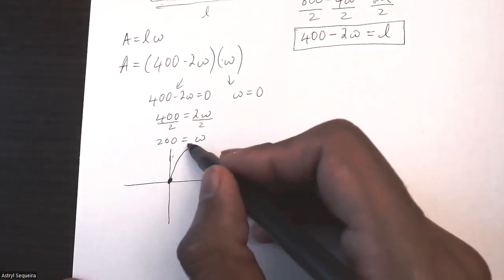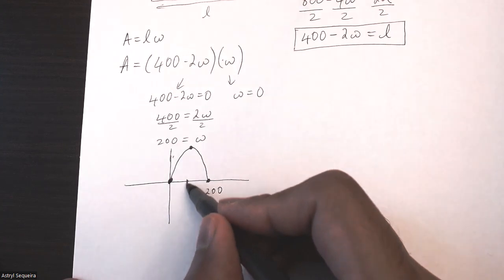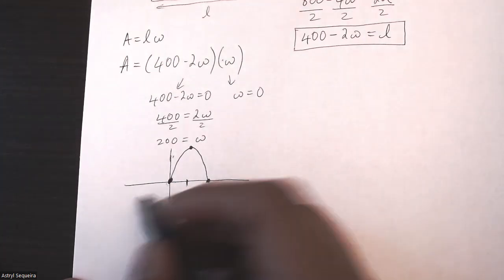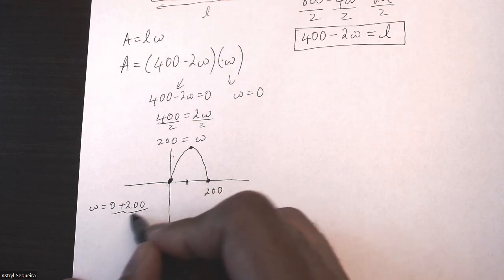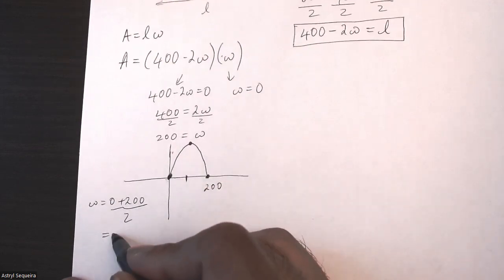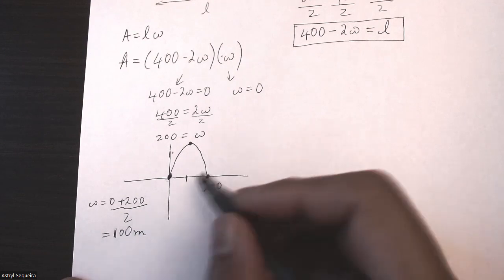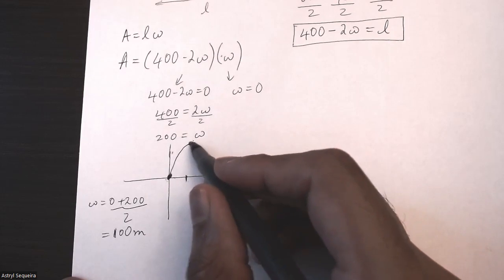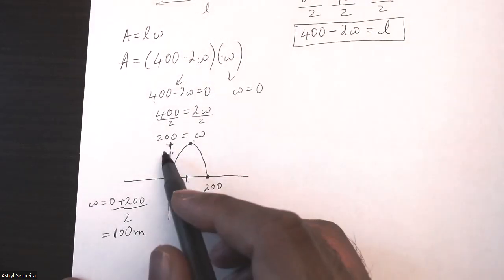In order to find the range, I need this maximum height over here. I know the x value over here is just the midpoint of these two. So that would just be 0 plus 200 divided by 2, which is a width of 100 meters. And this width of 100 meters will maximize my area because this is the maximum area up here.